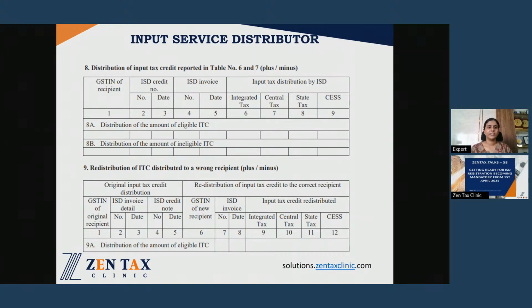Table 9 provides for redistribution of ITC distributed to a wrong recipient. That is, in case we have distributed any ITC to a recipient incorrectly, then we can rectify such error in table 9. Here we need to specify the original ITC distribution and the redistribution of ITC to the correct recipient details.